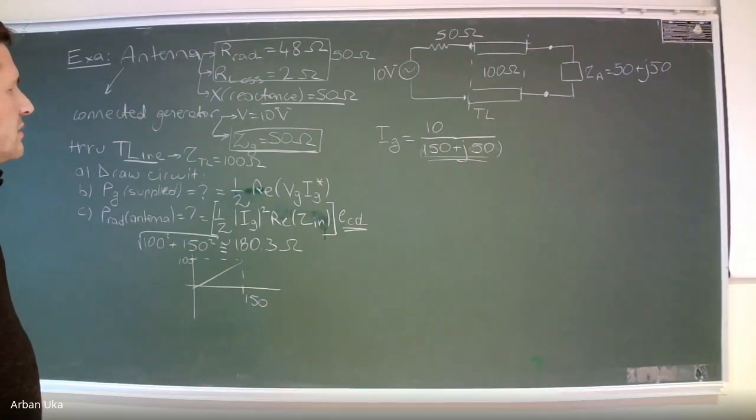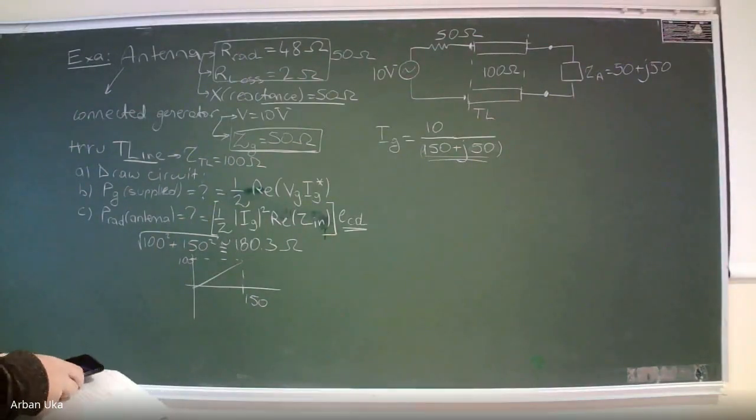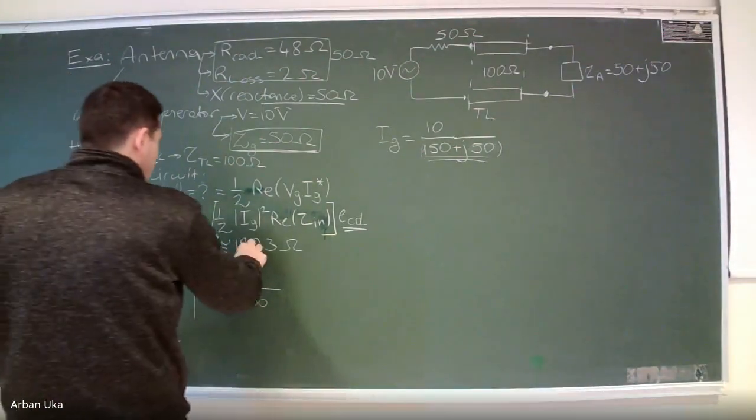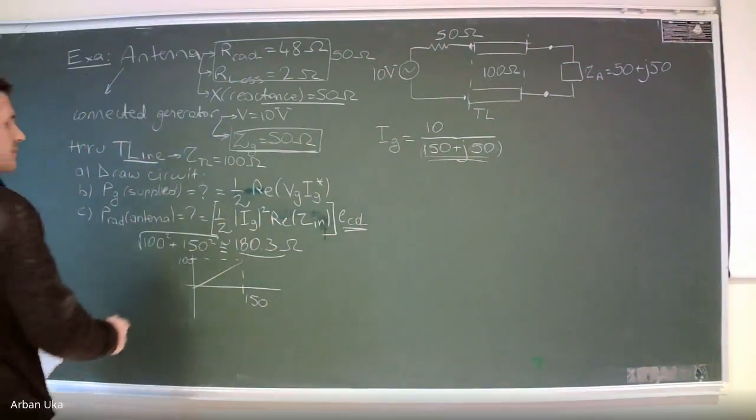Okay. I think this is better this way, but then we have to adjust the numbers. When we say adjust the numbers, this value we have to correct, and then we have here 150.